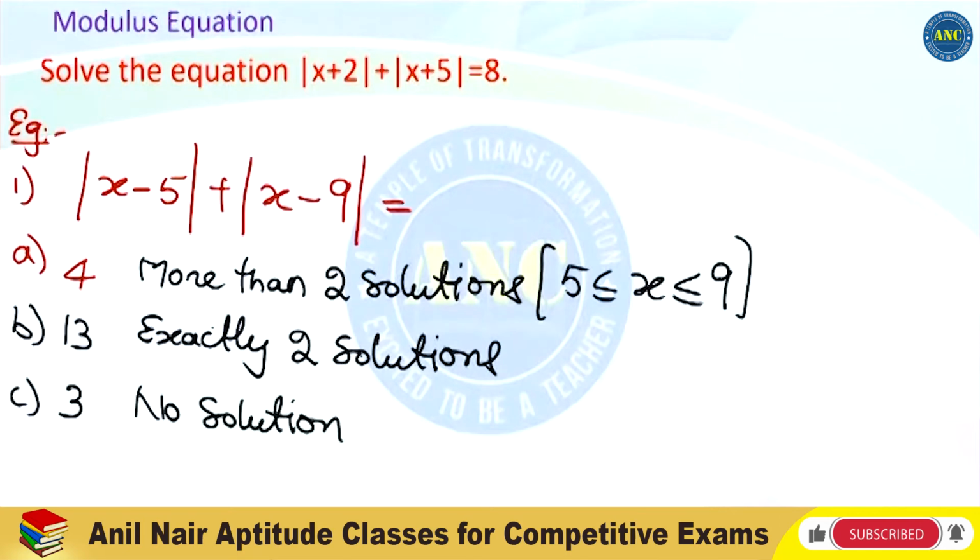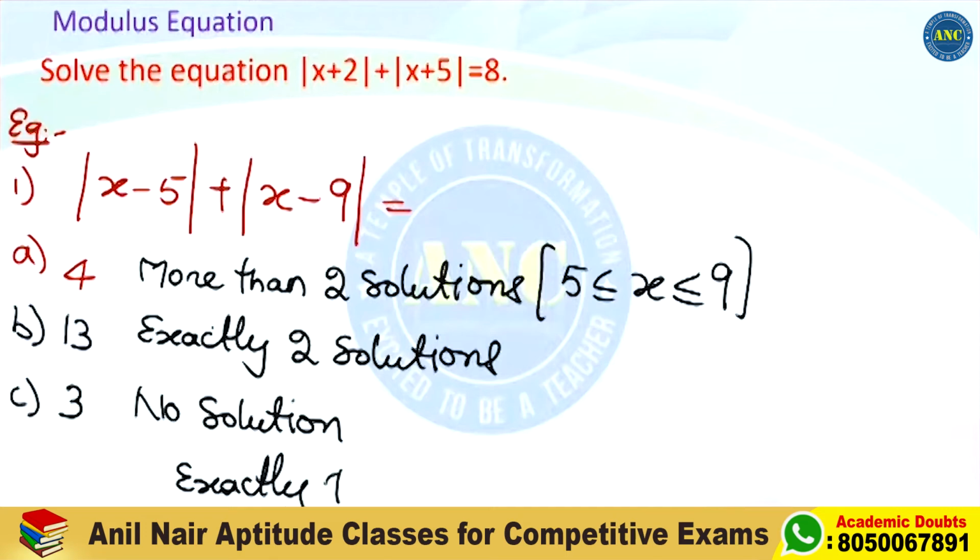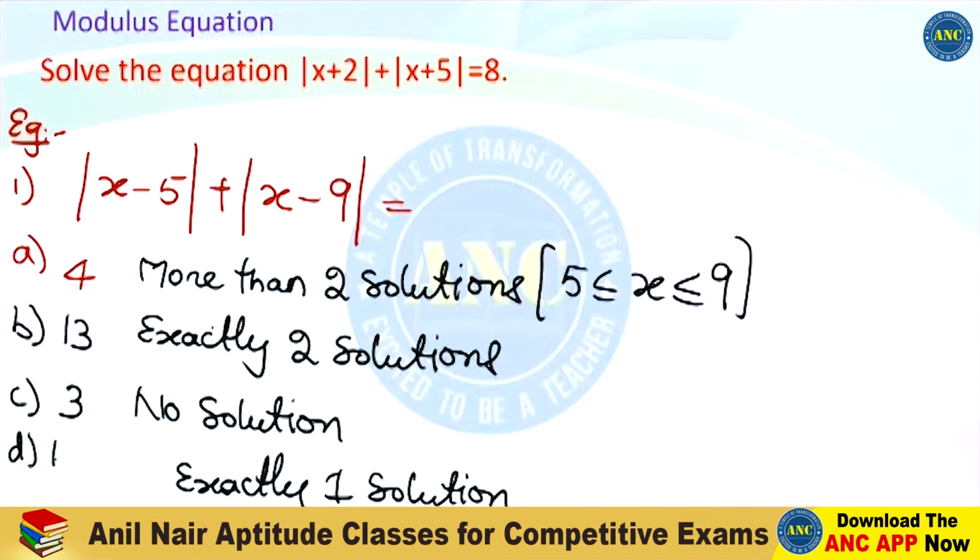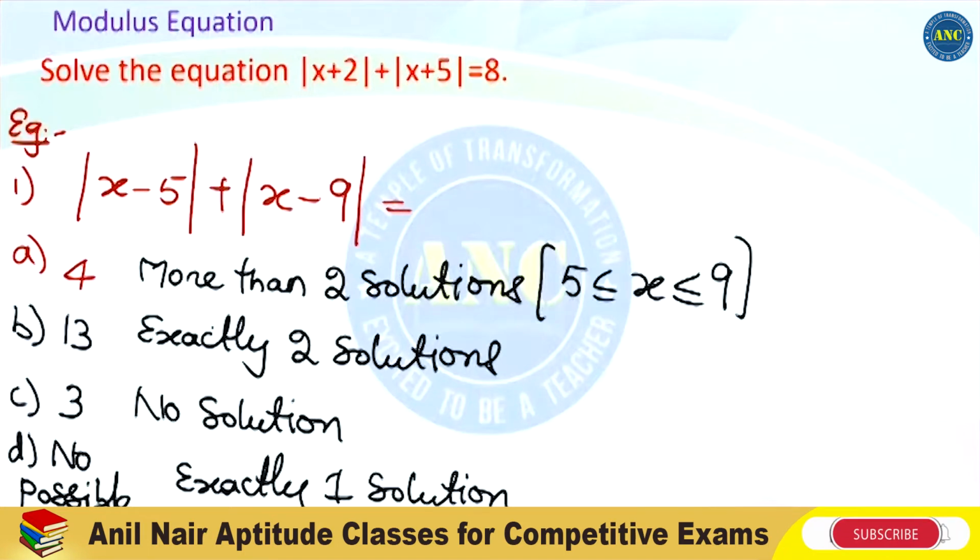Suppose I want exactly one solution. The answer is there is no possible value for which I get exactly one solution.